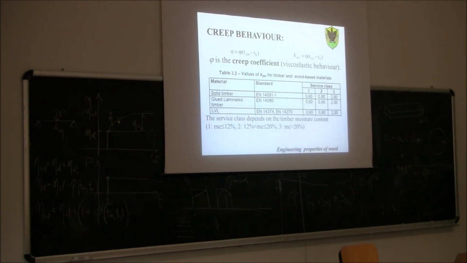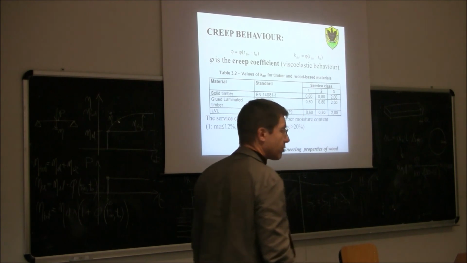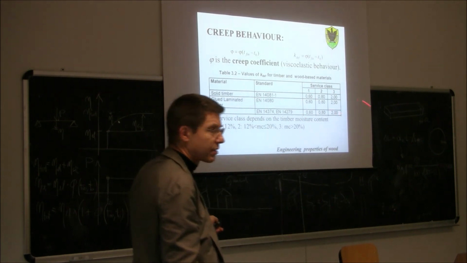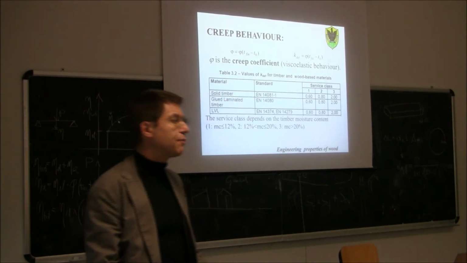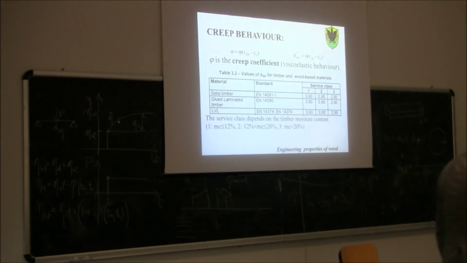Just to give you an idea, if you have a service class 1, a timber beam in a heated environment with a lower moisture content, the creep coefficient is 0.6. What does it mean? If you measure in the short term 1 centimeter deflection, what will it become at the end of 50 years?